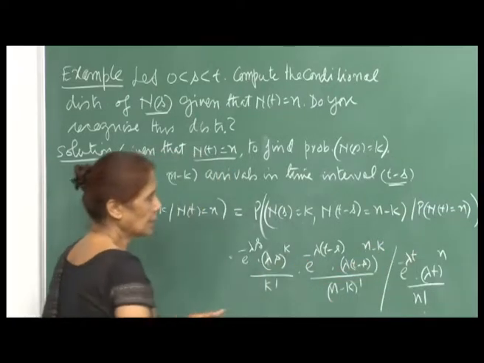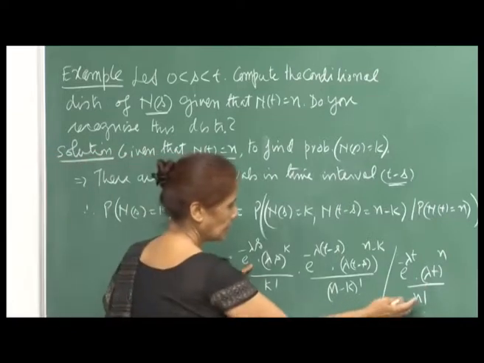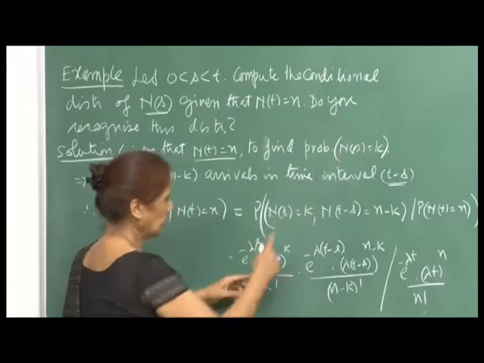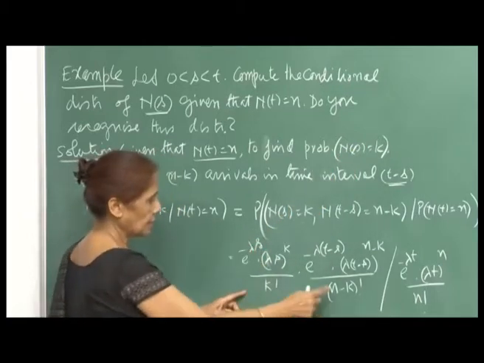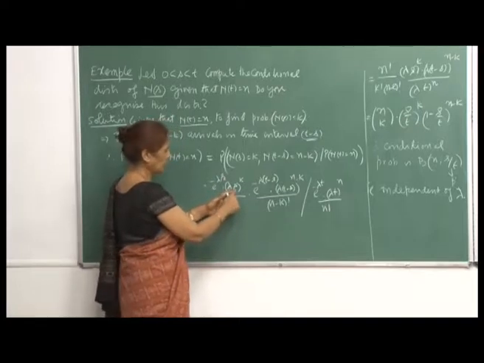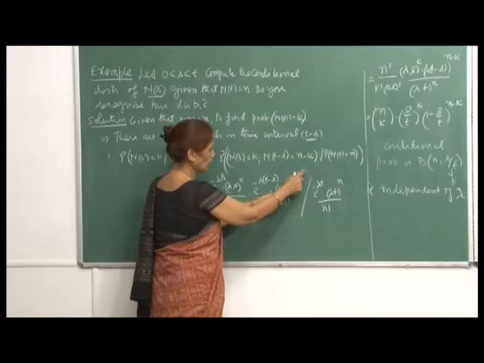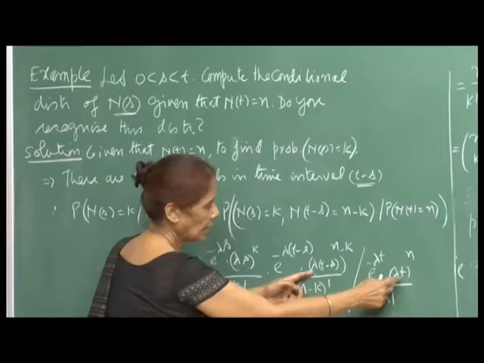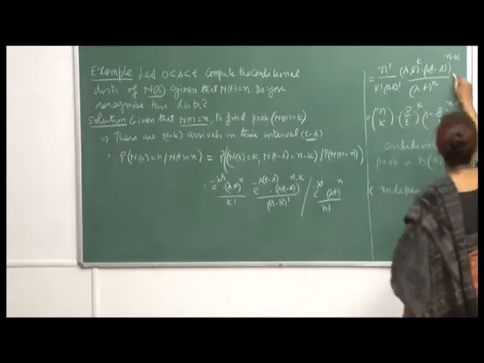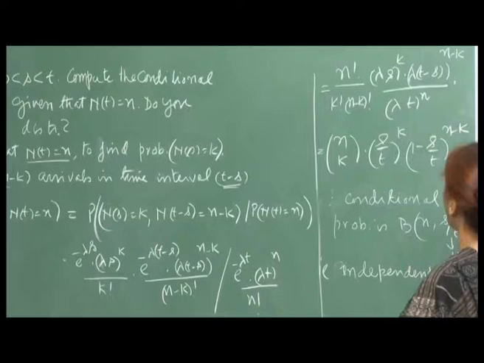So, the e terms all cancel out, and you are left with n factorial in the numerator. The first term that I have written is n factorial upon k factorial (n minus k) factorial, and then you have lambda s raised to k and lambda (t minus s) raised to n minus k divided by lambda t raised to n. So, this is what I have written here. Okay. So, this whole expression simplifies to this.